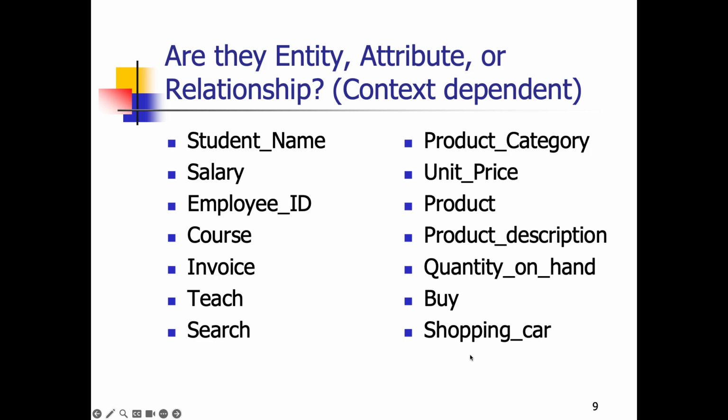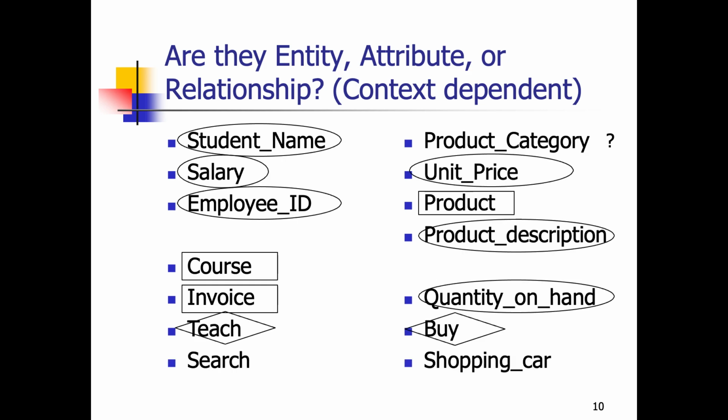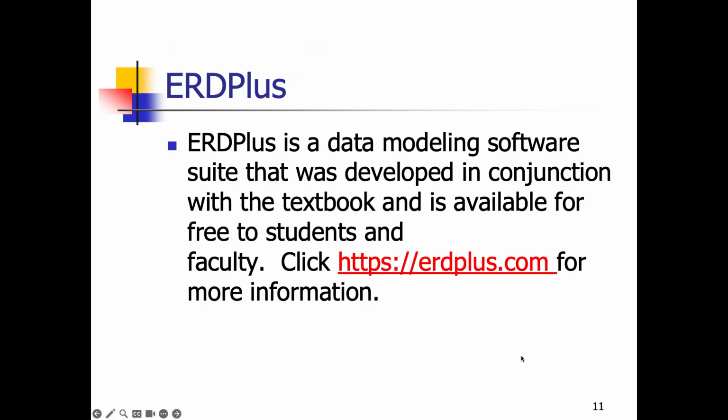So if you want to shop, relationship. So these are the different symbols that you learn for, for example, attributes, or using a rectangle for entities, and so on. In this case, shopping cart means buying as a verb, so representing the relationship.